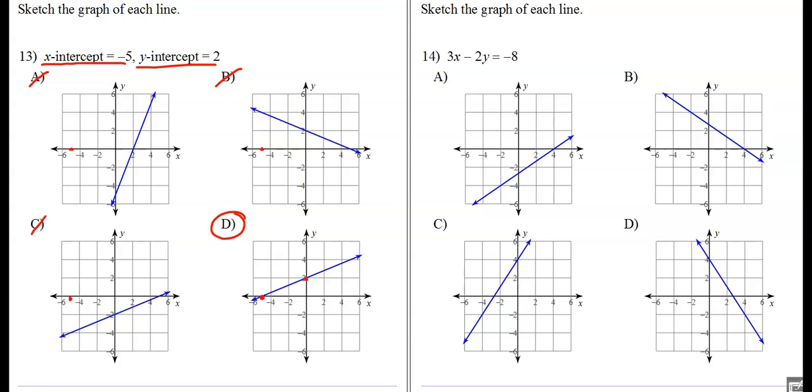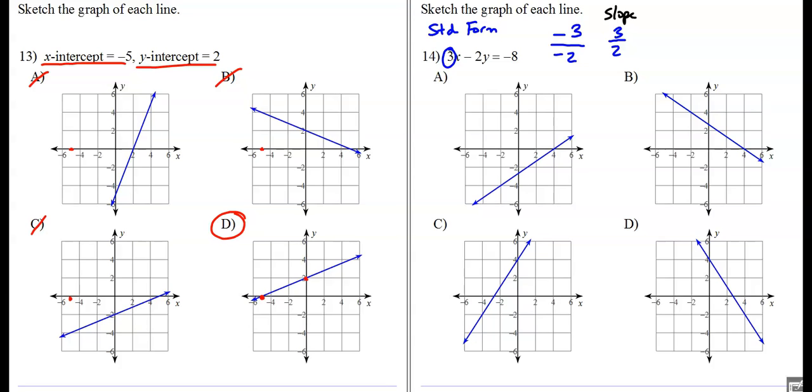Number 14, sketch a graph of this line. Well, again, it's important to recognize the form. And this is standard form. So none of those numbers are the slope, and none of them are the y-intercept. So I'm going to first use my little shortcut. I've been liking it. So slope is opposite of A over B. So my slope is 3/2.